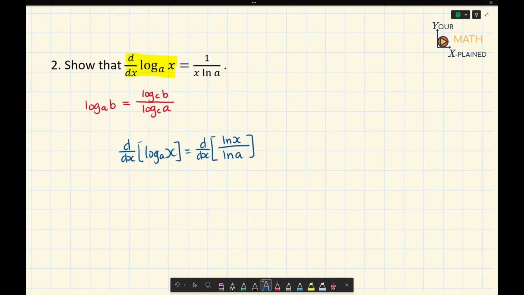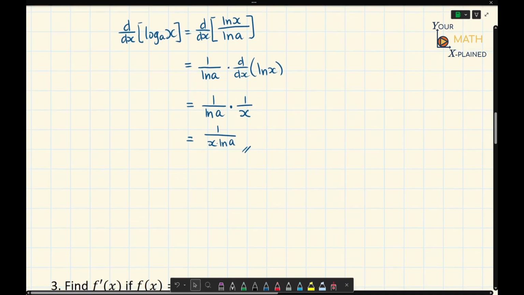And now since a is just a constant, ln of a is just some number, which means we can go ahead and pull it out in front of the derivative. So this is going to be 1 over ln of a times d by dx of ln of x. And the derivative of ln of x is just 1 over x, which means we get this as 1 over ln of a times 1 over x. So therefore, our final answer here is 1 over x times ln of a.